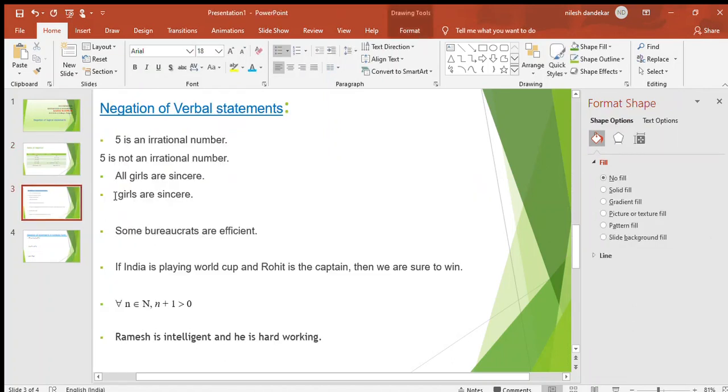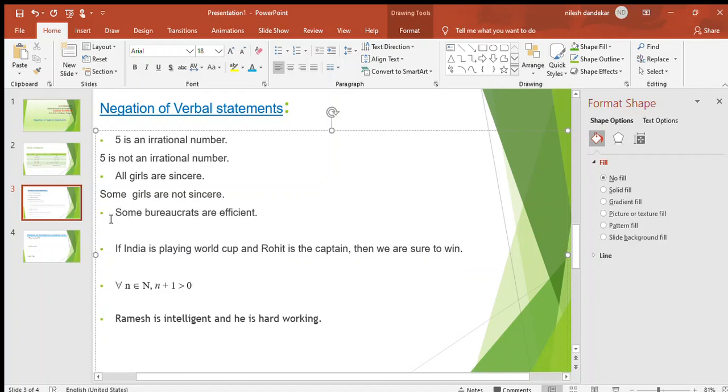So some girls are not sincere. Students, make your idea very clear. If not is present in a line, just remove it. If there is no not present in a line, just introduce it.